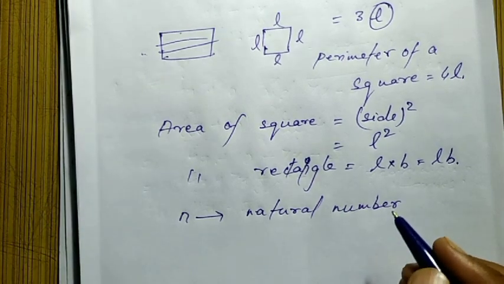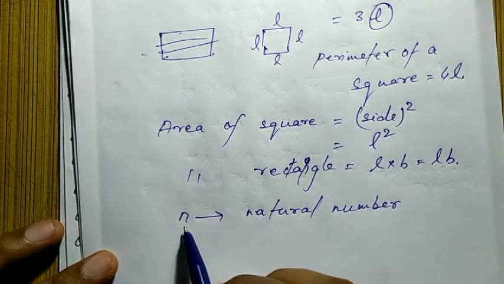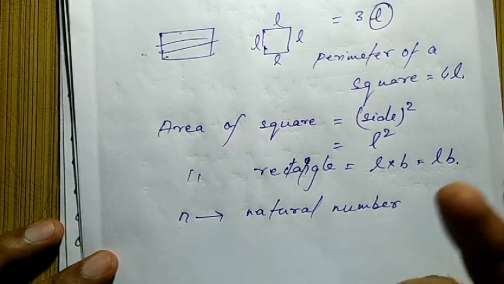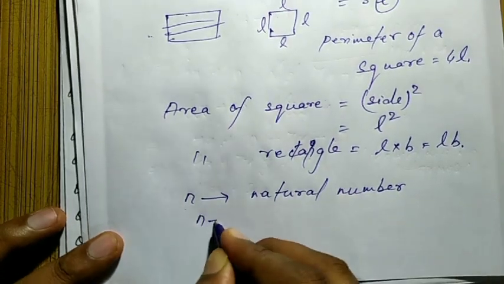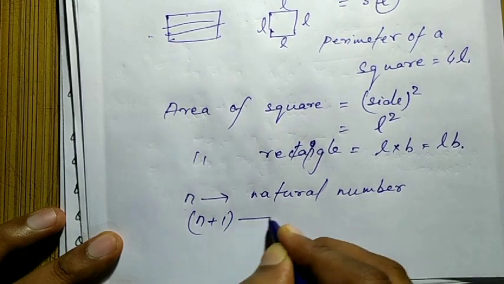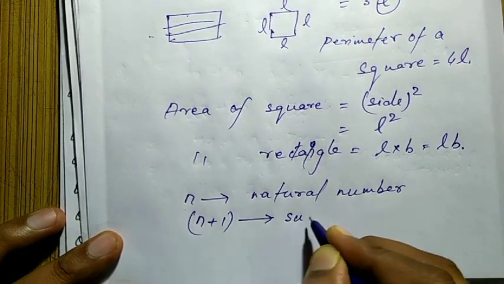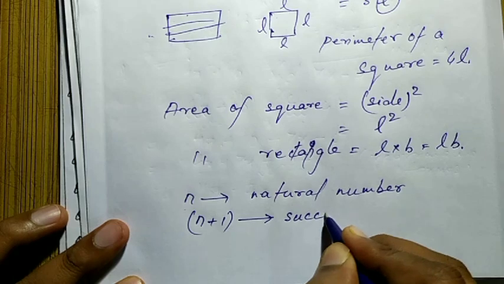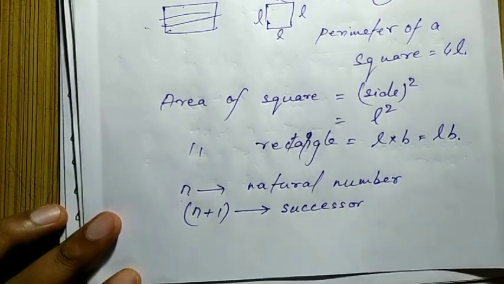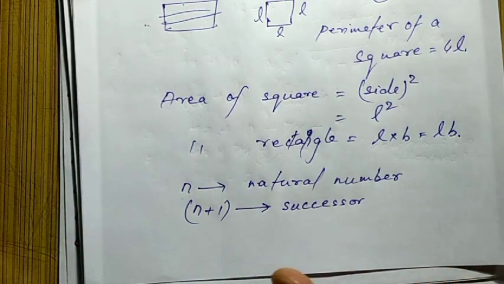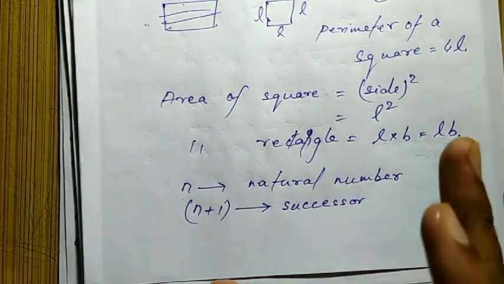If a natural number is denoted by n, its successor is n plus 1. We can check this for any natural number.